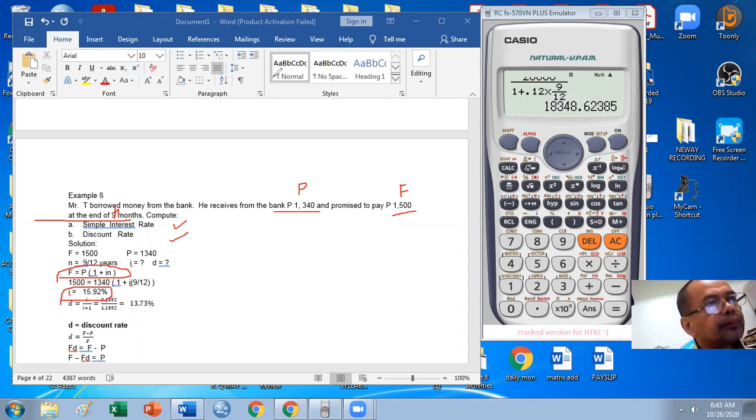That is 1,500 divided by 1,340, minus 1, divided by 9 divided by 12.